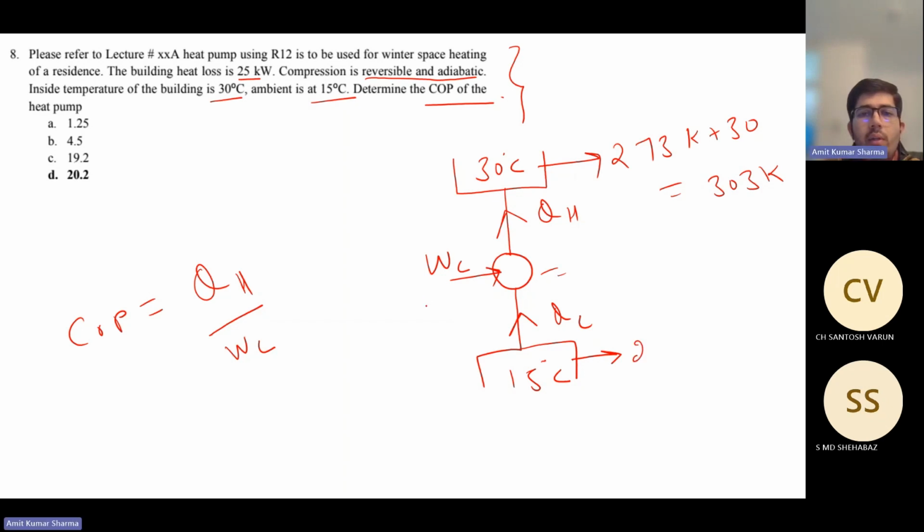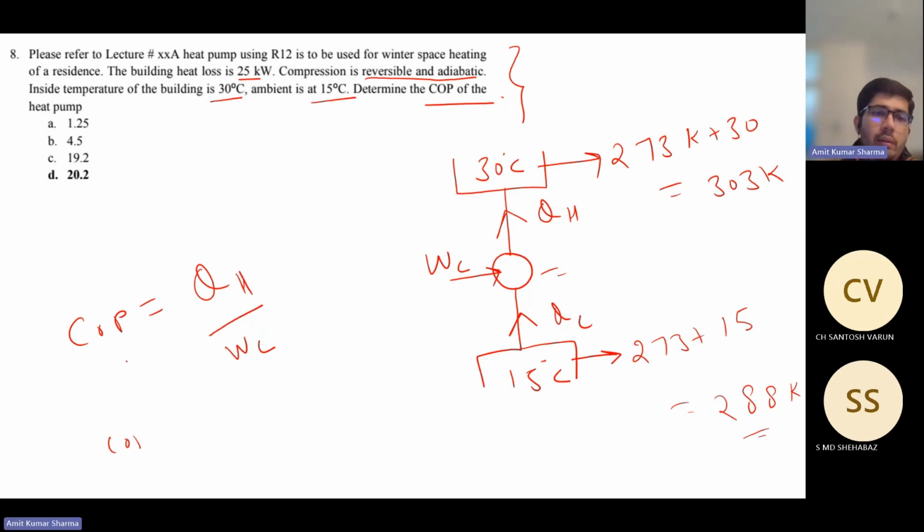And this will be 273 plus... sorry, it's not 30, it's 15 only. So 273 plus 15 is 288 Kelvin.